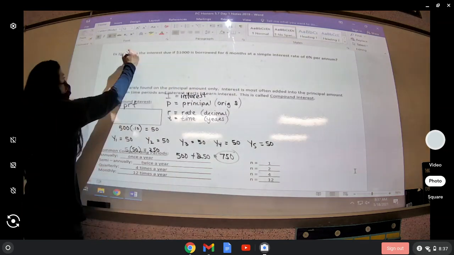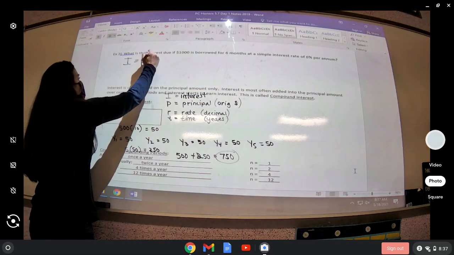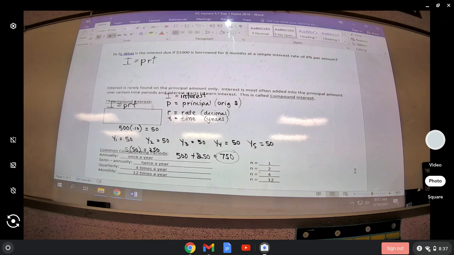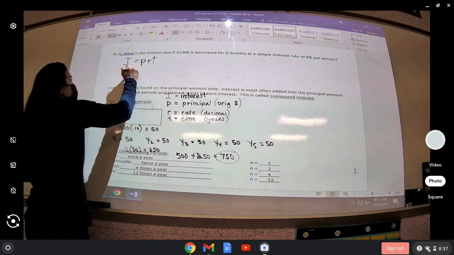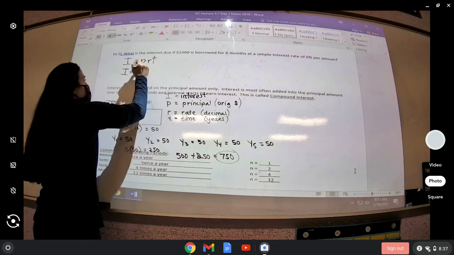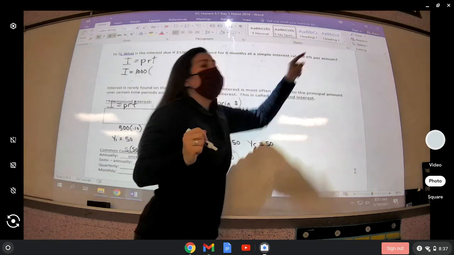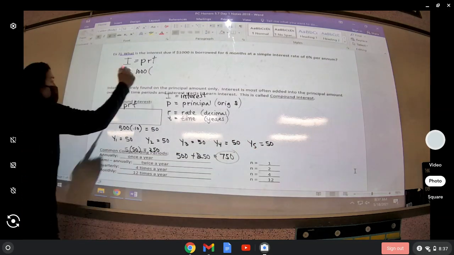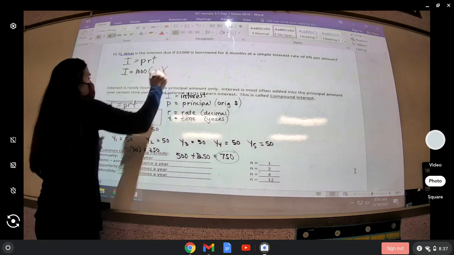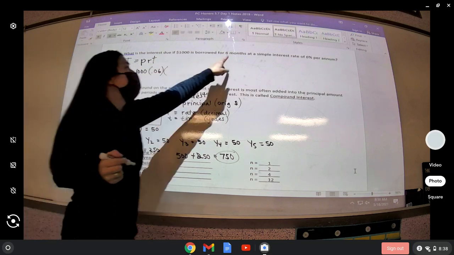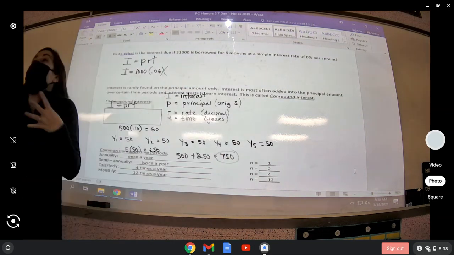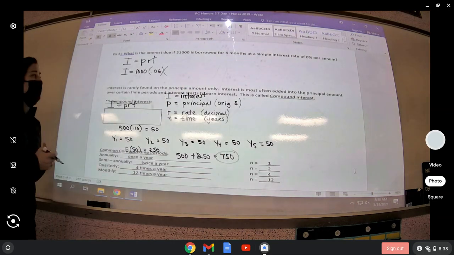So in this case, let's just use the formula. The interest earned on this loan is going to be, your principal is $1,000. Your rate is 6%, which is 0.06. And then your time, guys, you're only doing this for 6 months, which is how much of a year?